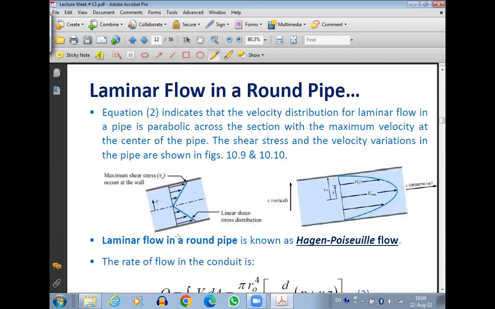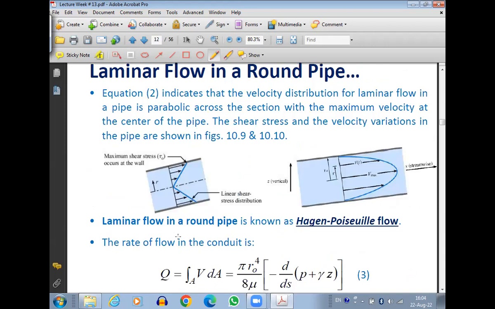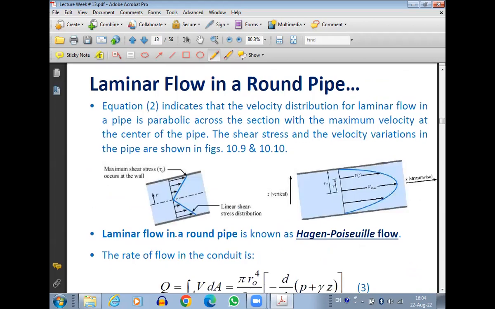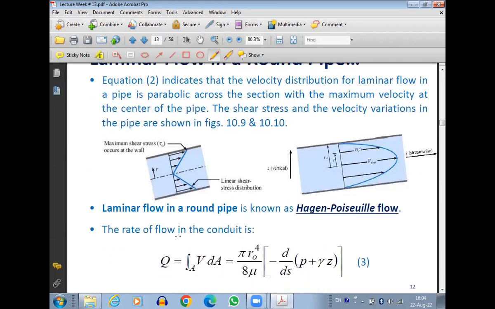Correspondingly, if we know the velocity in a pipe for the case of laminar flows, we can also find out the volume flow rate. So volume flow rate is velocity integrated over the entire cross-section area. So the formula for it becomes like this.